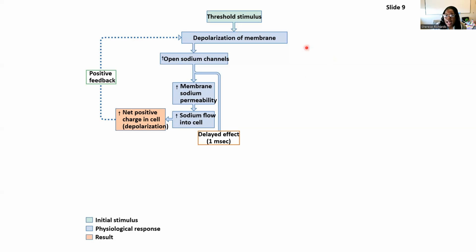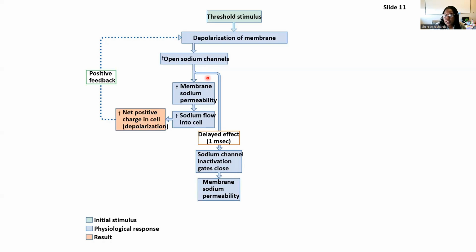And then we're also going to have the delayed 1 millisecond timer set off. So upon the opening up of sodium channels, upon the opening up of the inactivation gates at depolarization, a 1 millisecond timer starts.